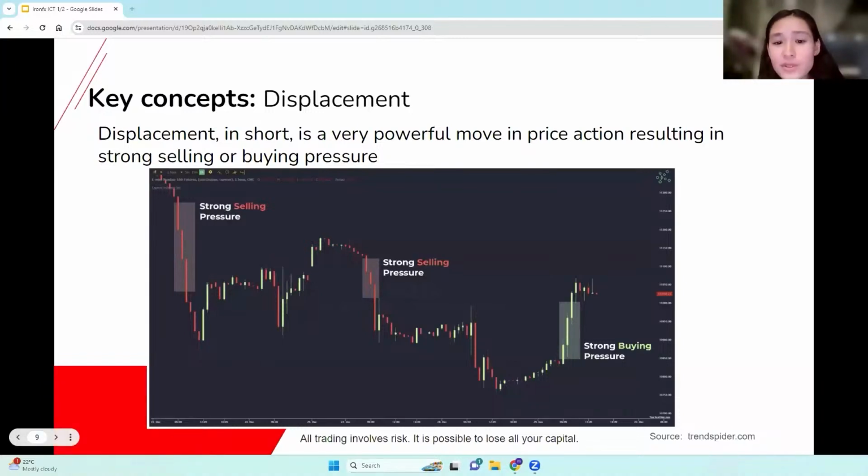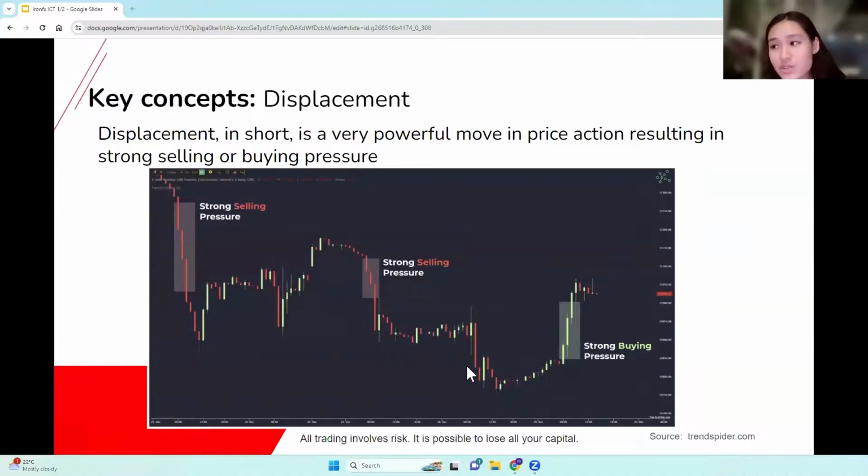A displacement will normally occur just after a liquidity level has been breached and will often result in the creation of both a fair value gap and a market structure shift. We'll get into what those mean in a little bit. But basically, when we say a displacement occurs after a liquidity level has been breached, if you look at this area here, this is a multiple swing low support level.